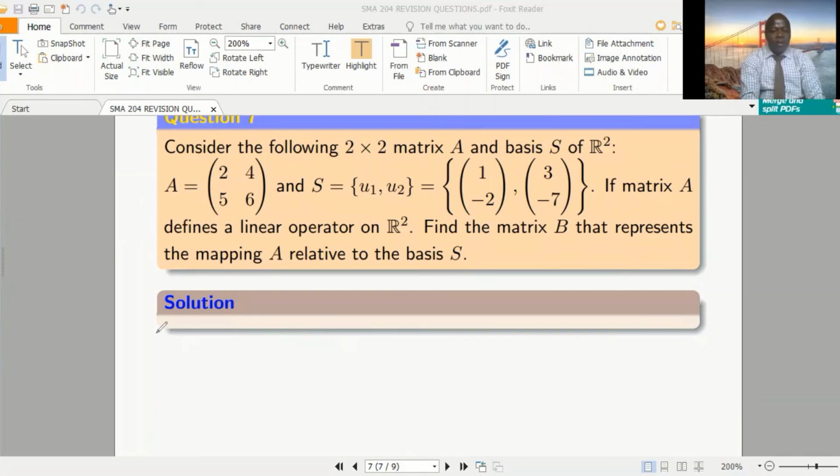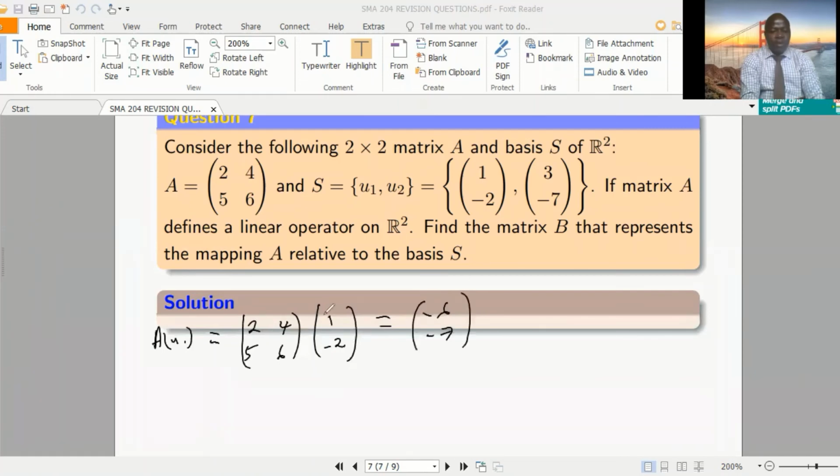So let's find A of U1. A of U1 is 2, 4, 5, 6, followed by U1, and this gives you negative 6, negative 7.